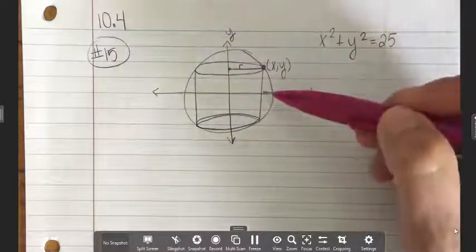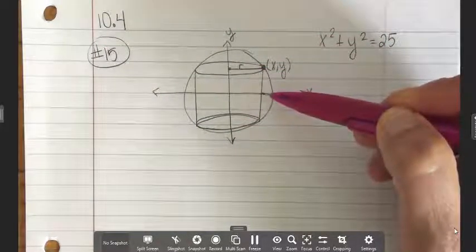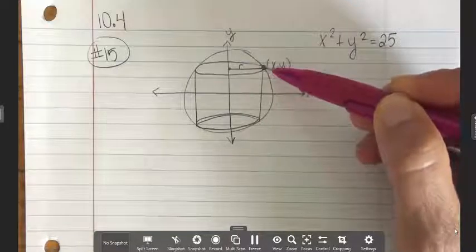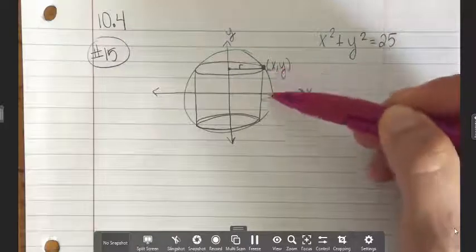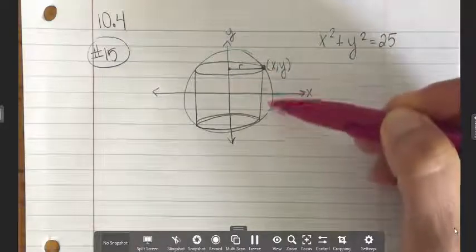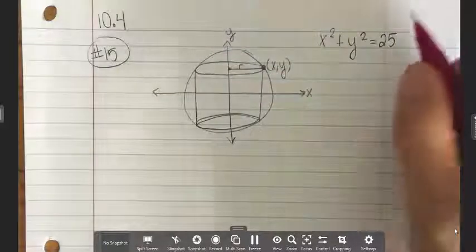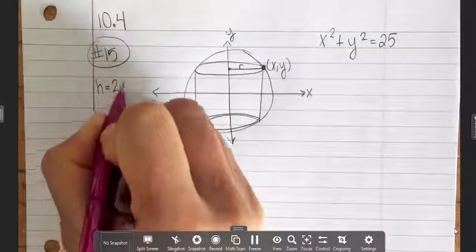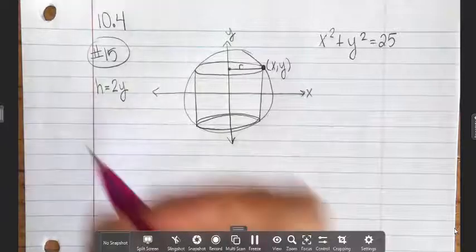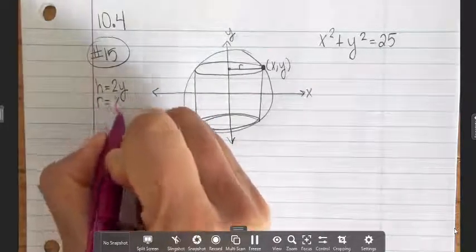Now half of the height is going to go from the x-axis up to the value y, whatever that y value is. So if I want the entire height, I'm going to have to double that. So let me just write that. Your height is really going to be 2y, and your radius is really going to be x.